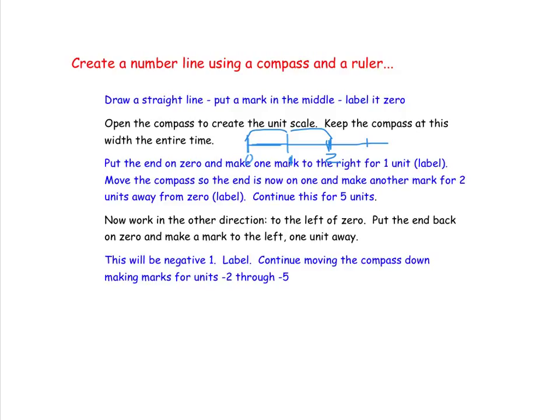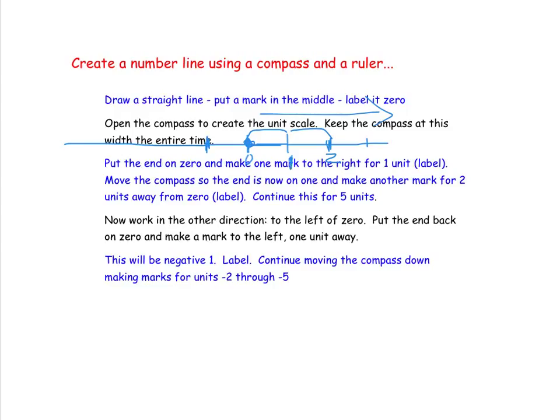And then after you do that, you're going to work in the other direction. So you know to the right it's going to be positive, but remember to the left it's going to be negative. So you're going to put your point back at 0, the pointy part, and without changing that width, put a hash mark on the other side.